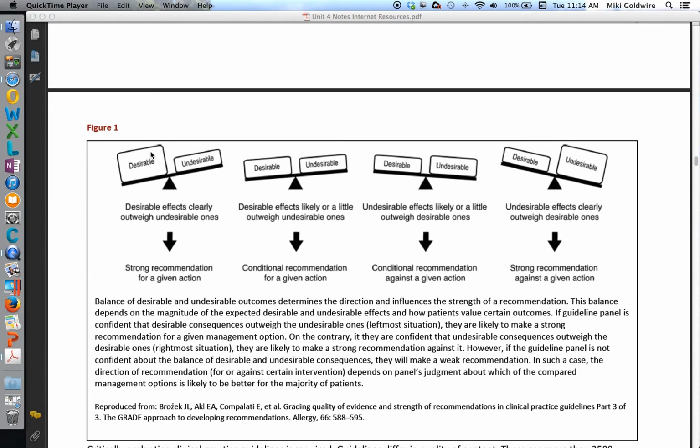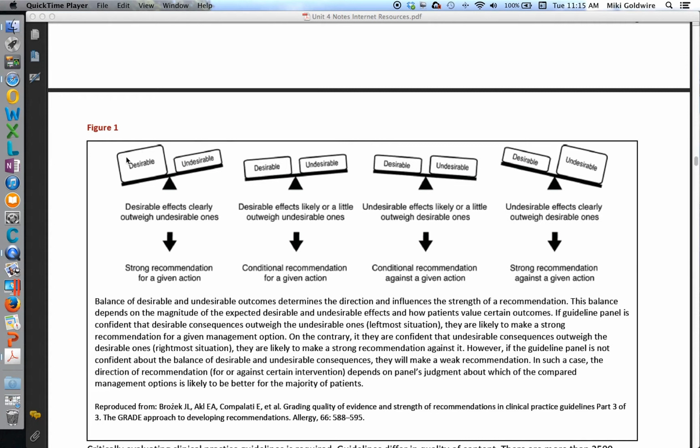Figure 1 illustrates the balance in recommendations from clinical practice guidelines. You balance desirable and undesirable outcomes, and that determines and influences the strength of the recommendation provided to that guideline.